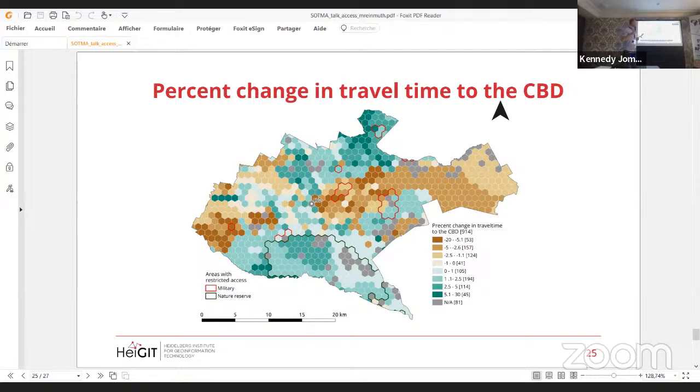What we see is that the brownish areas are actually faster during the school morning rush hour. So they are not affected, or actually they are affected for the better. They can move faster through the city, or at least to the CBD, and from there to everywhere else, because it's like a hub. But the blue shaped ones are slower.